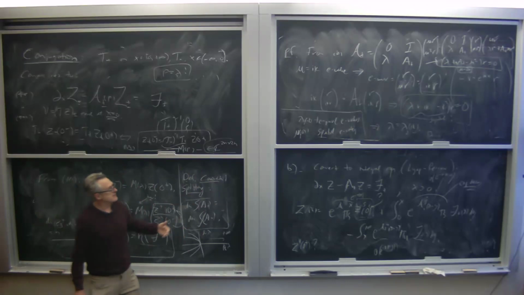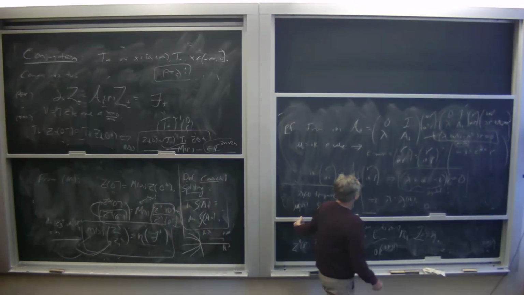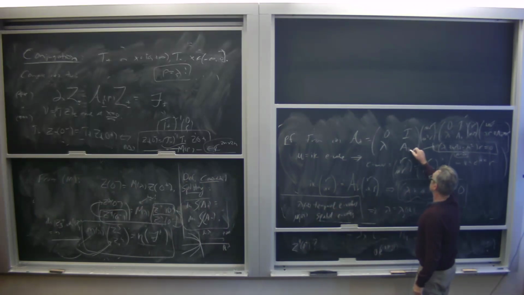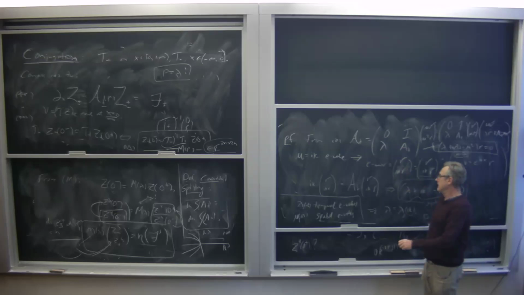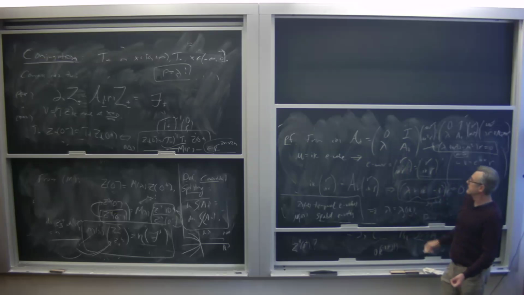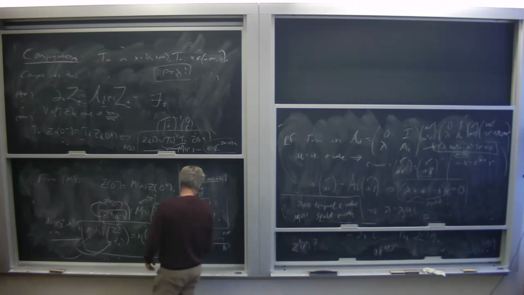It's because you could forget about the off-diagonal term. The spectrum of this matrix is dominated by the spectrum of 0, 1, lambda, 0, which is a nice hyperbolic matrix with eigenvalues plus or minus square root of lambda, that for big lambda, we can forget about this O of 1 term. So we can compute that consistent splitting holds out here.